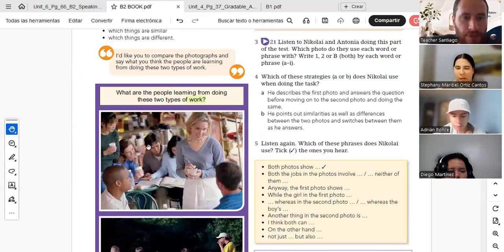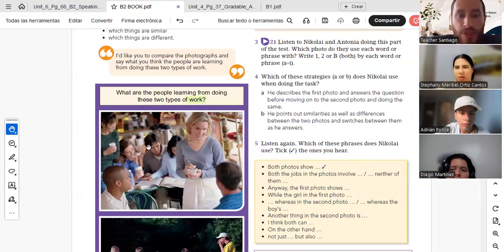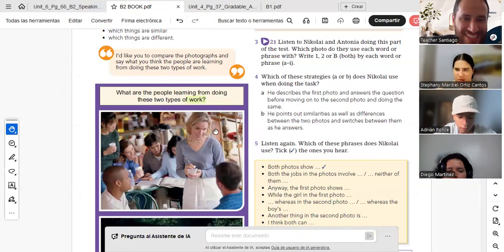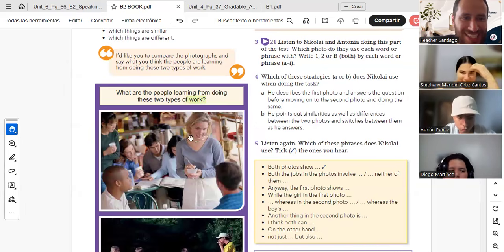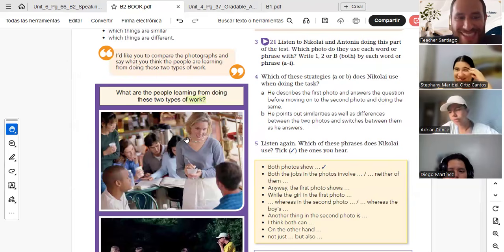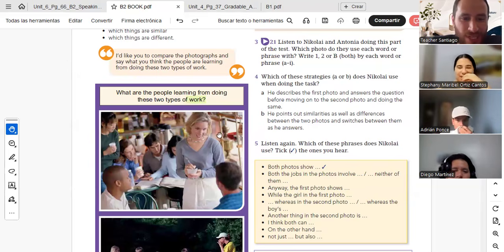They are studying for sure, but that's not a work or a job. Who is working? Just she. And she's working as what? Diego, what is she doing? She's working as a waitress. This is a cafe.